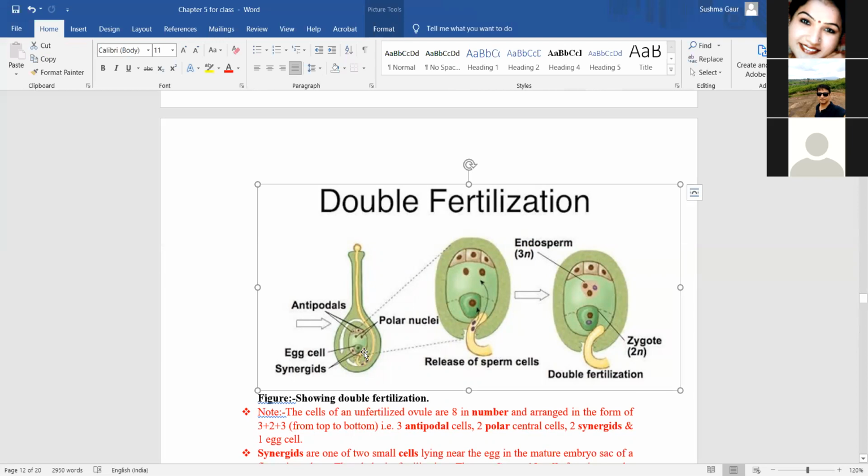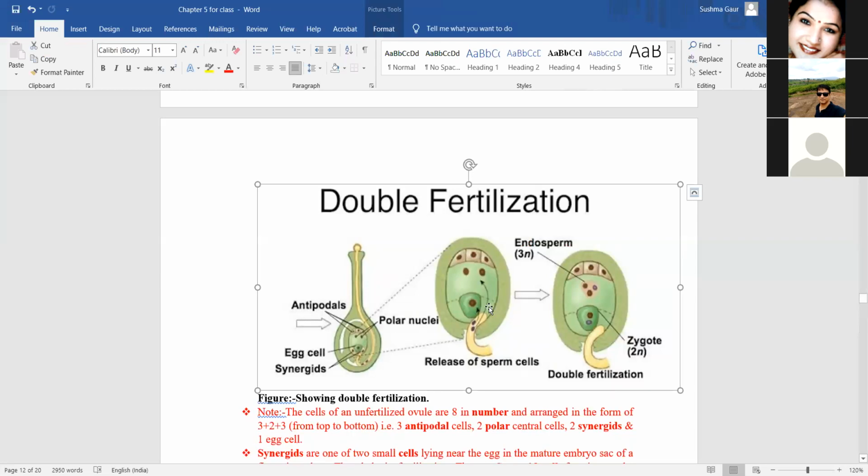So total of 3 plus 2, 5, 6, 7, 8 cells will be present. 3 antipodals, 2 polar, 2 synergid and one egg: 3, 4, 5, 6, 7, 8. 8 cells will be present.